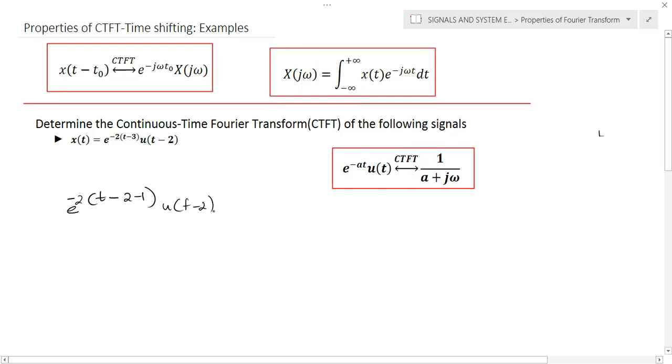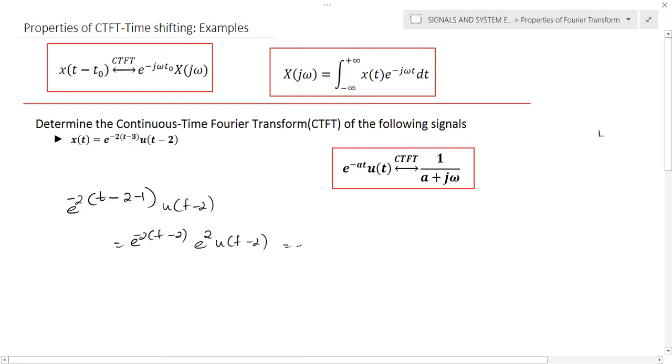If you modify this equation and multiply with this minus 2, the term becomes minus t minus 2, and e raised to minus 2 to minus 1 becomes e raised to plus 2, into u of t minus 2.